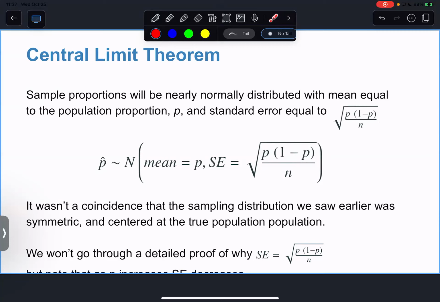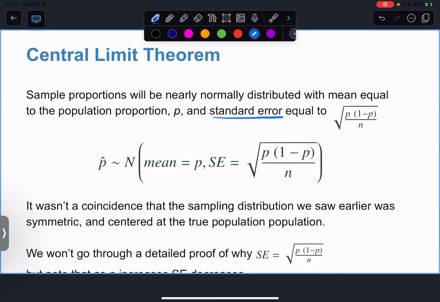Well, that was a lot of words. Let's take it back. Sample proportions will be nearly normally distributed with a mean equal to the population proportion. And then we introduce this standard error. The standard error is a measure of spread.